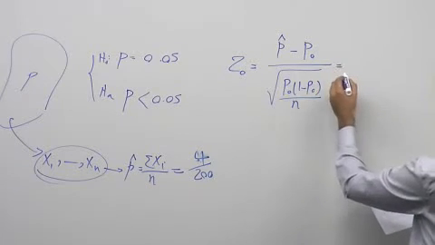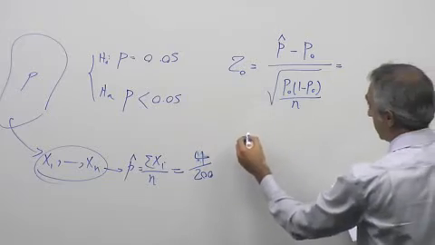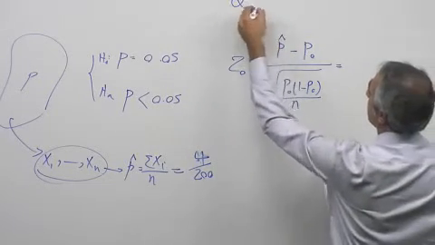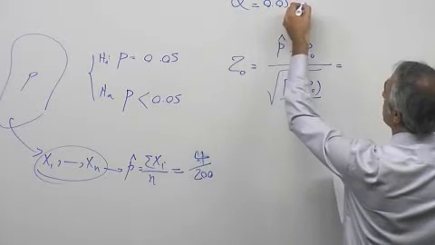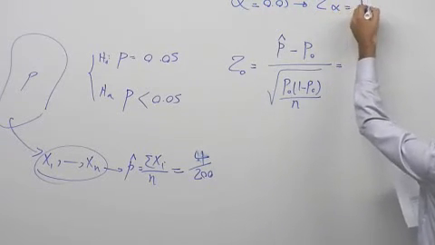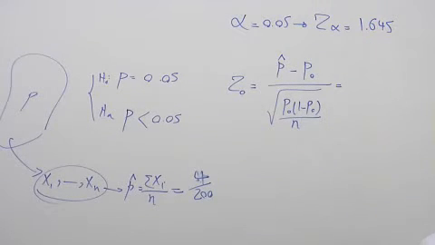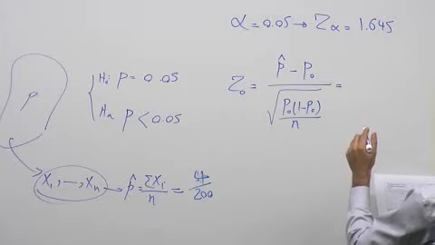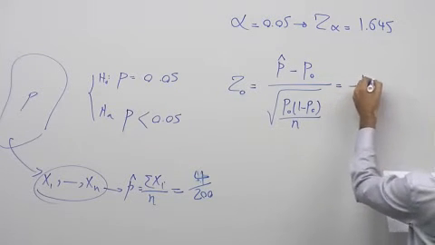This number should be compared with Z. So alpha is 0.05. This is one-sided, so Z alpha is 1.645. And if you calculate this number, you get minus 1.95.